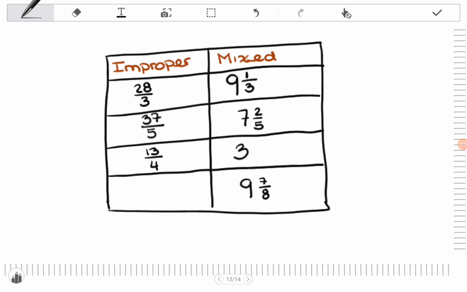And 4 times 3 is what? 12. So we're missing one number to get to the 13. One number that we're missing, and the denominator, the same, 4. Easy. Now the last one. Multiply, add. Remember that. 9 times 8, 72. Plus 7, 79. So we have 79 over, and the denominator, the same, 8.